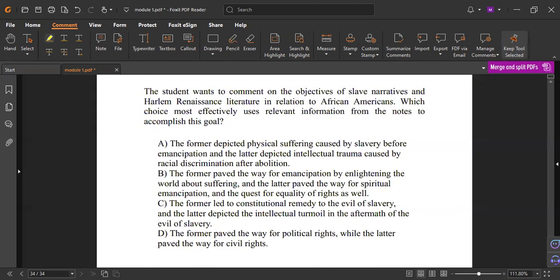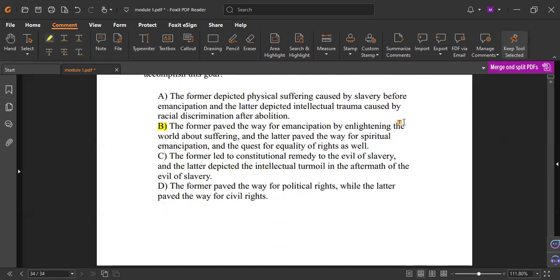B. And the letter B is the correct answer. That's why. So always we need what does the question need exactly. That's right, and you found the objectives.